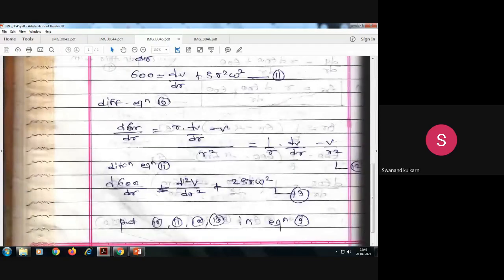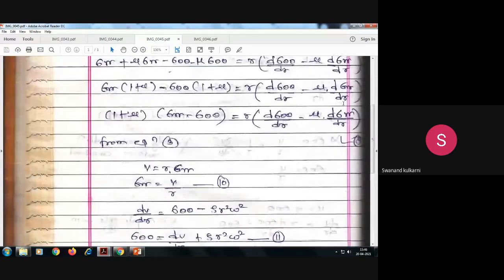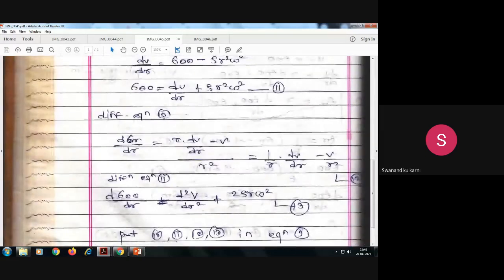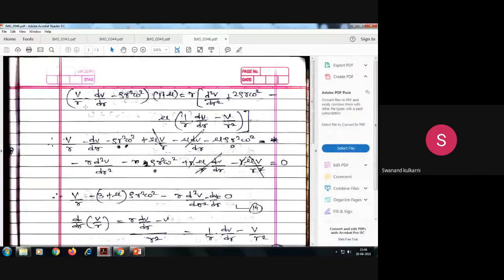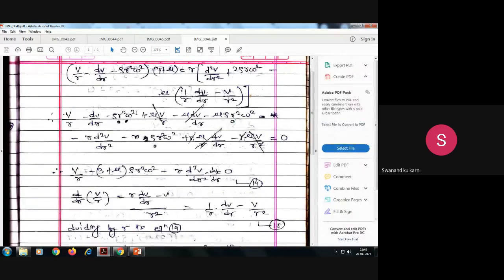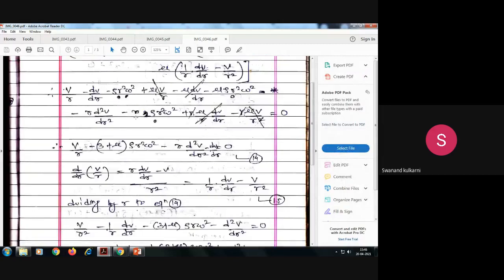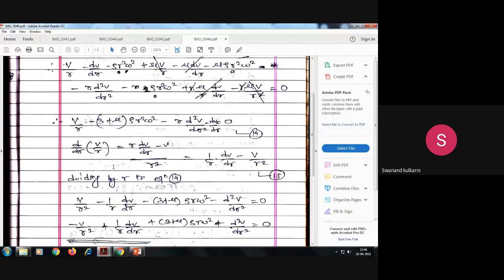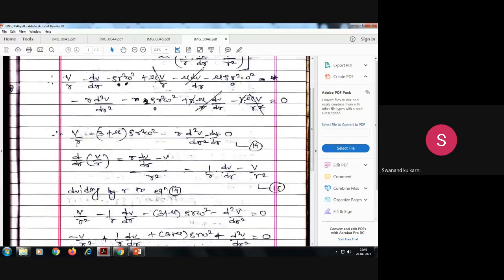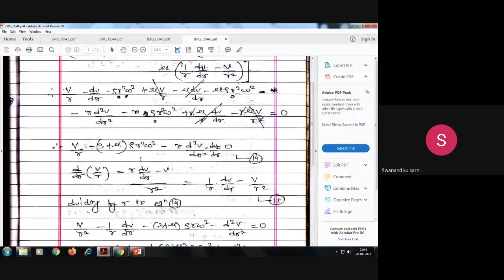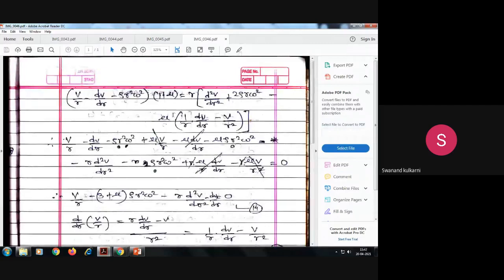D sigma theta theta upon dr: you can see this equation 13 is present here, and d sigma rr upon dr: you can see equation 12 is present here. So let us substitute all these terms here, and then simplify them. Okay. After simplification of all these terms, we get this equation 14. Common terms are cancelled here, whatever is present.